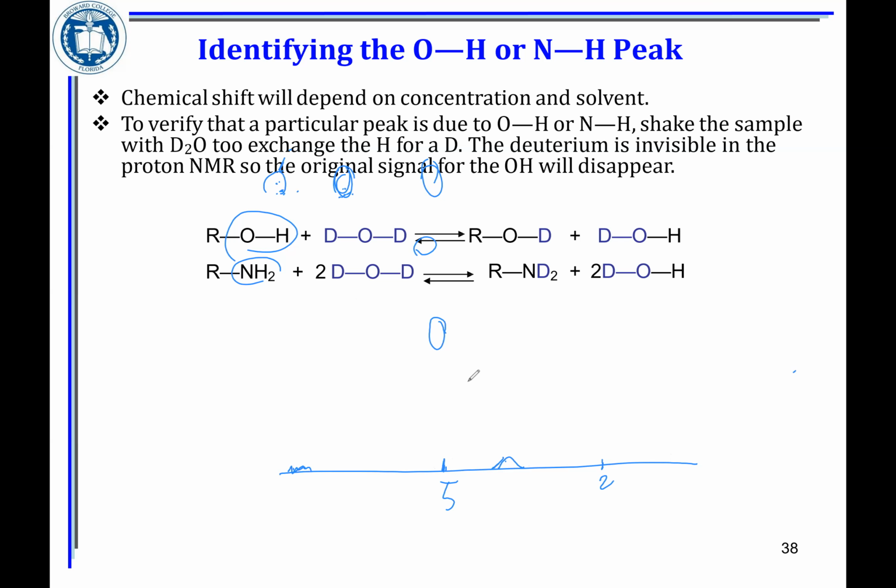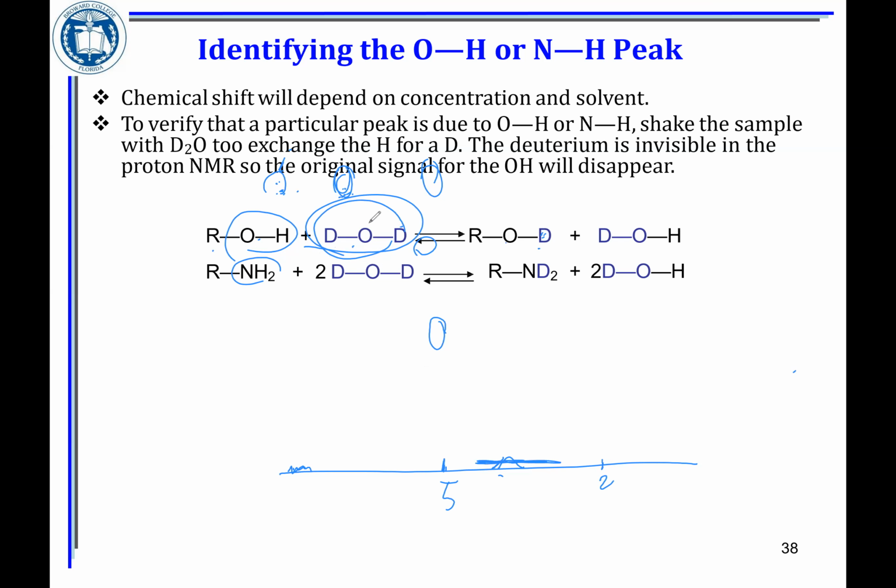To prove that you do have OH, you can deuterate your molecule. Basically, you mix your alcohol or amine with D2O and leave it for about 24 hours, and the OH changes to OD. Because deuterium doesn't show a peak in NMR, this peak will disappear.